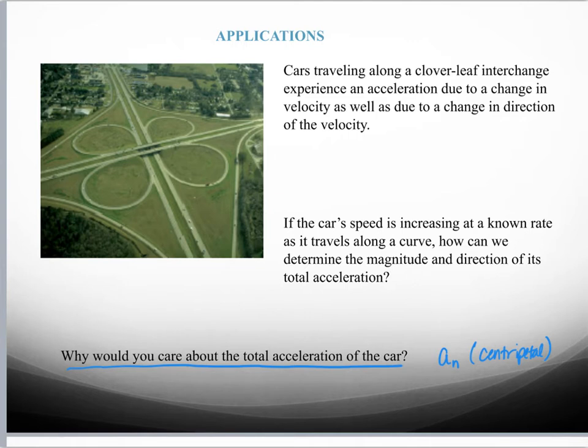And you might think about eventually, well, what forces are responsible for that, and will they be strong enough? Because if you go around those ramps too quickly, your car is gonna slide. And think about why that's true. That's one of the motivations there. I'll let you just ponder that.